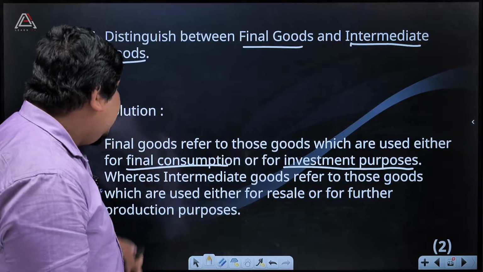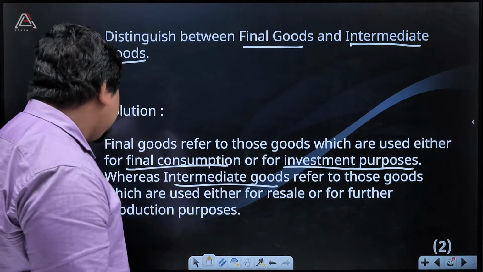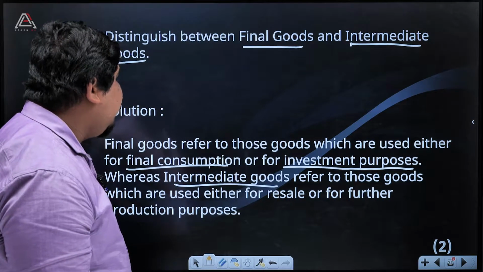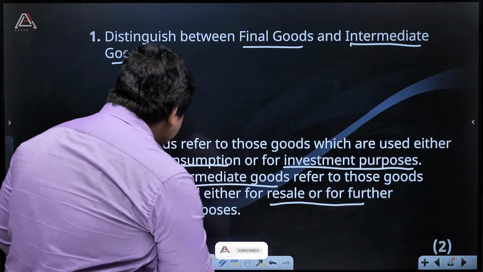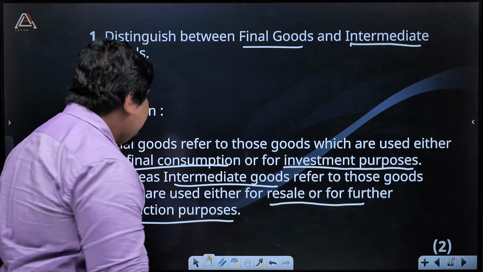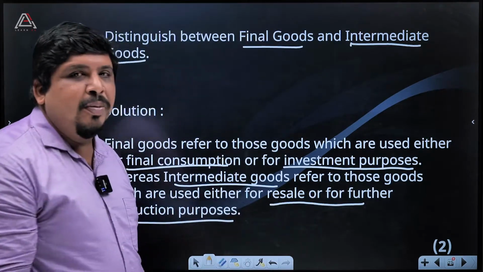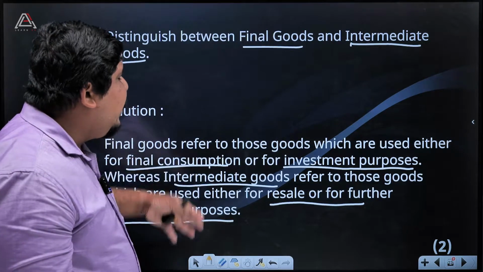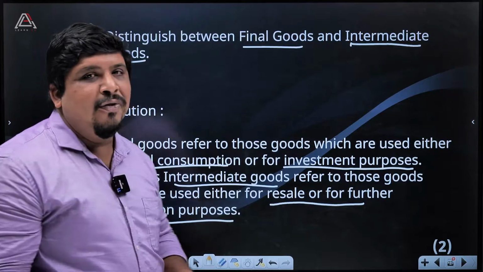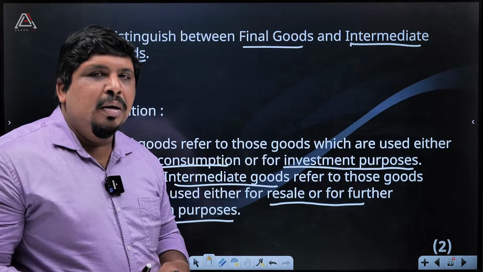Intermediate goods refer to those goods which are used either for resale or for further production purposes. Final goods are those we finally consume. Suppose we take bread and flour.